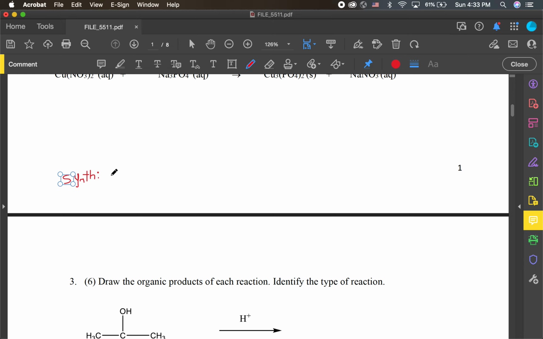An example of that was carbon as a solid plus oxygen as a gas, and oxygen's one of those that's always two of them, hydrogen the same way. So oxygen gas leads to carbon dioxide gas.